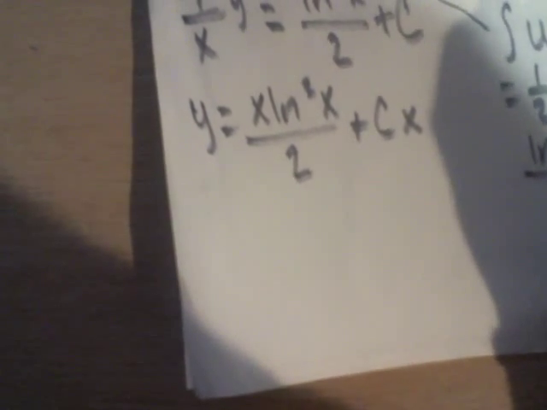Our next step will be to solve for this c by using the initial value we have. To do this, we plug in both of our values, so all of the x's will become 1 and the y will become 2. So we have 2 equals 1 ln squared of 1 over 2 plus c times 1.